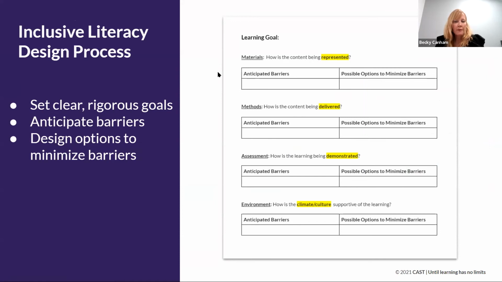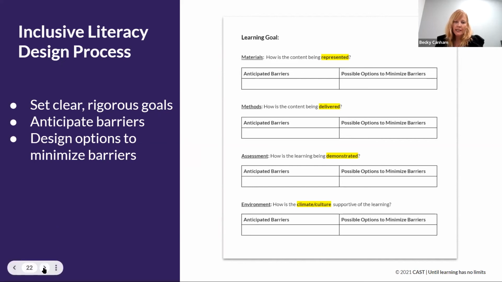We're going to take a couple of minutes to think about this process, and we have a template that we will be working off of in just a minute. We start with our learning goal and then go through those 4 areas, those 4 buckets: materials, methods, assessment, environment, starting with the anticipation of barriers, and then thinking about which options I might implement to reduce those barriers.